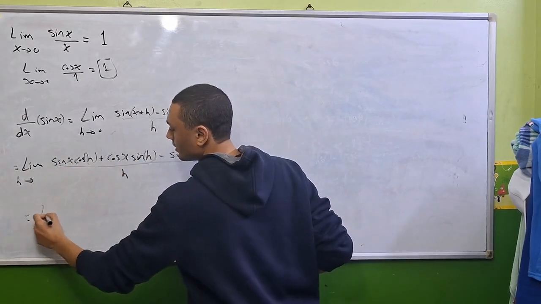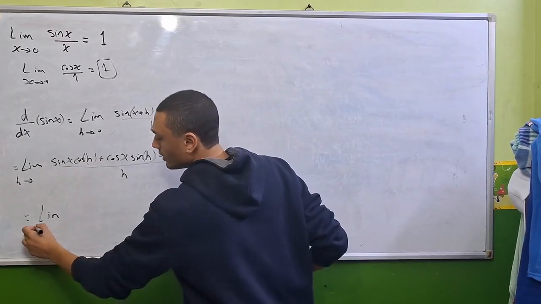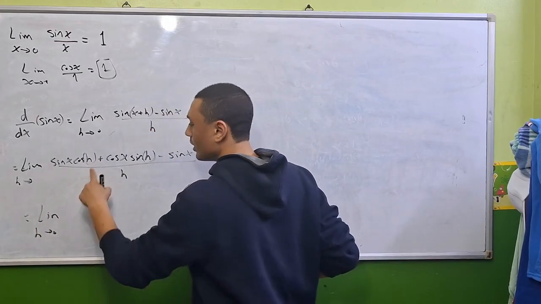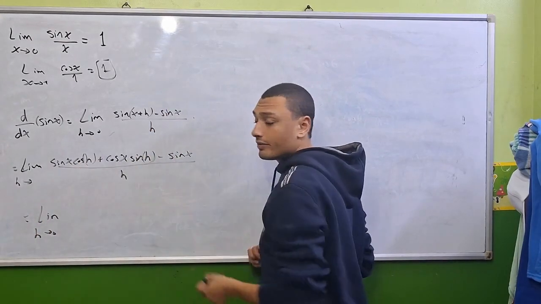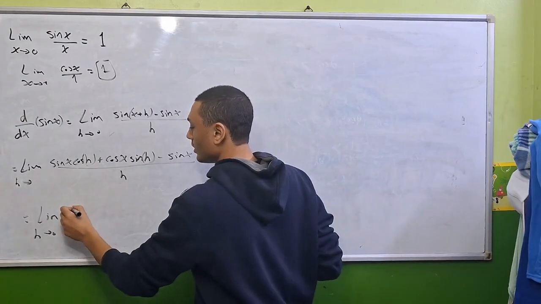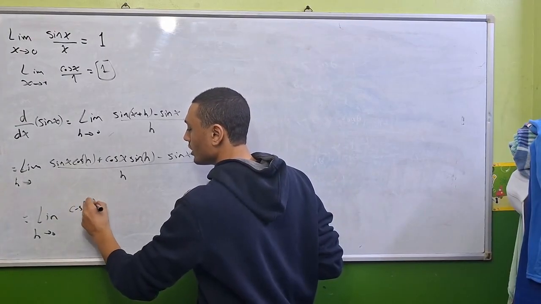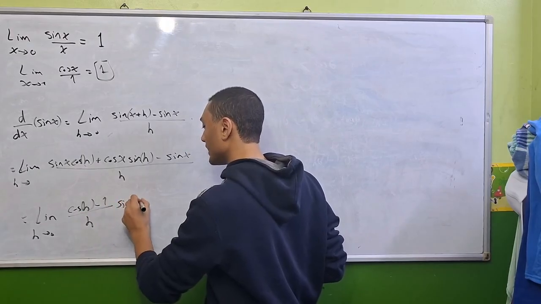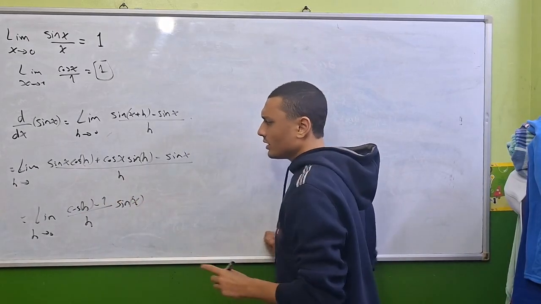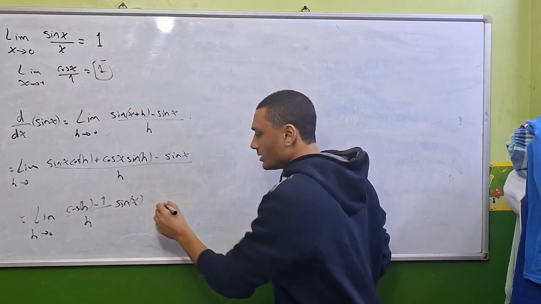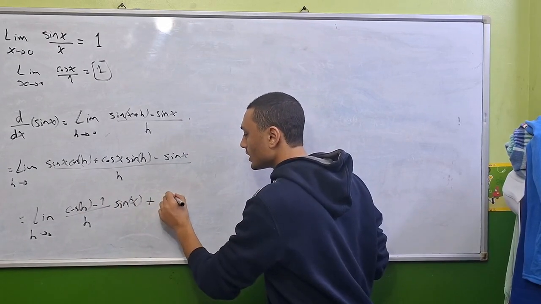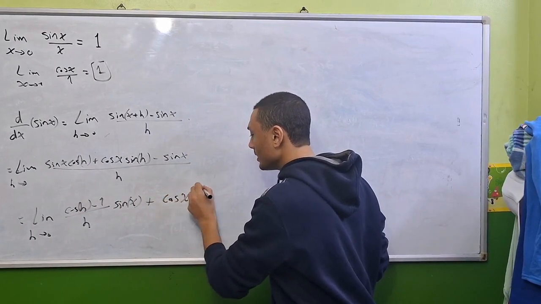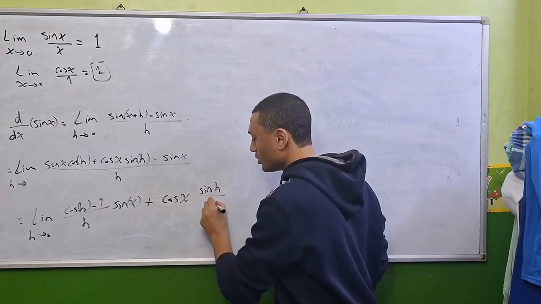Which means the limit as h goes to 0 of, take sine x as a common factor, you get (cosine h minus 1) divided by h times sine x, right? Plus cosine x times sine h over h.